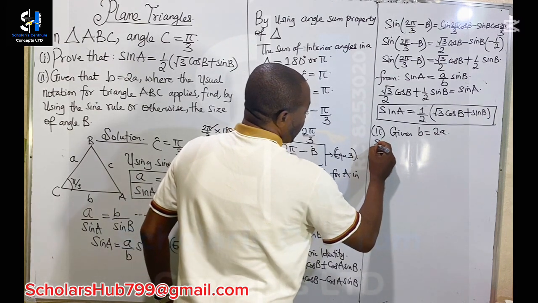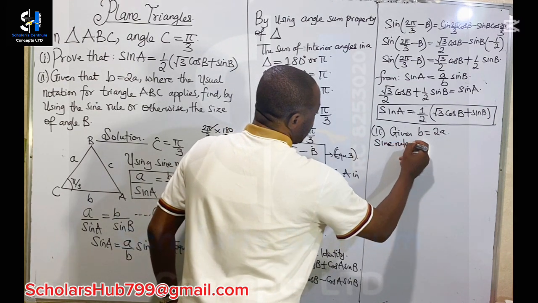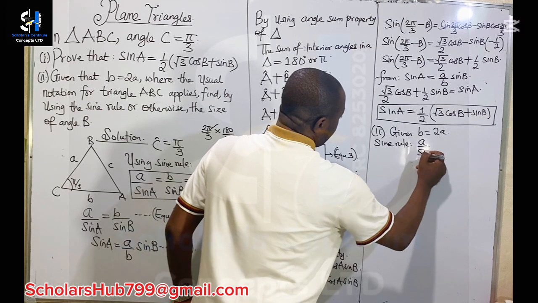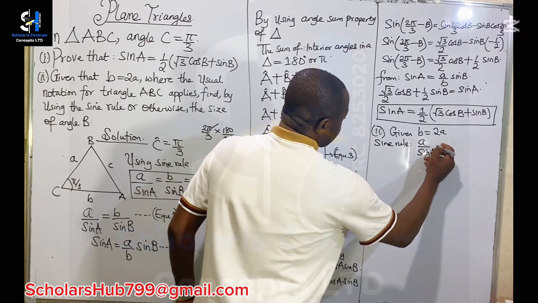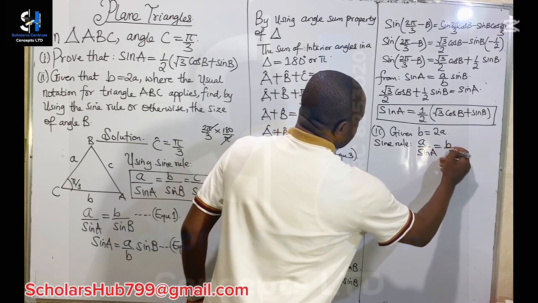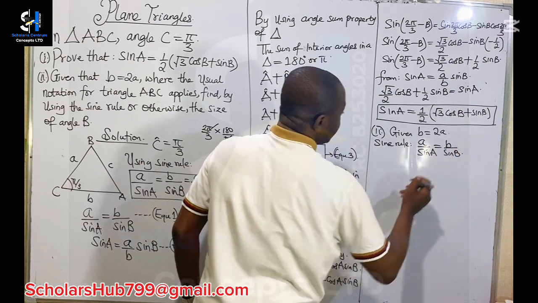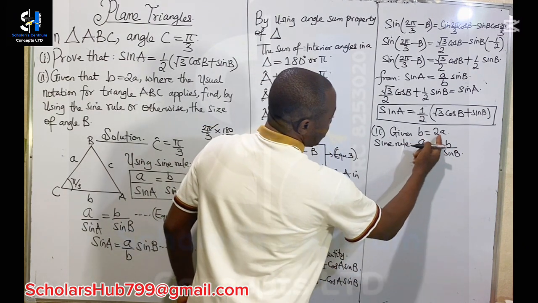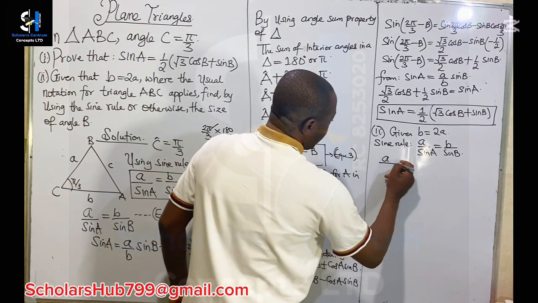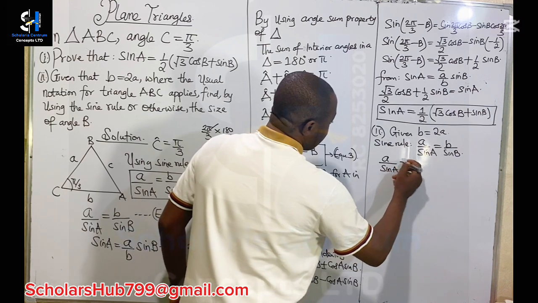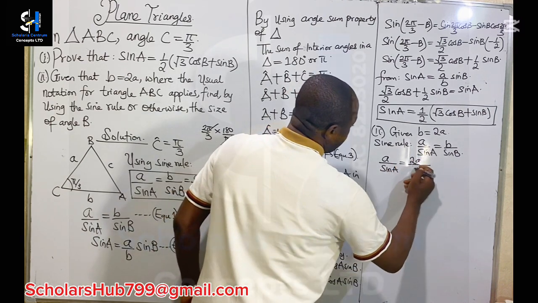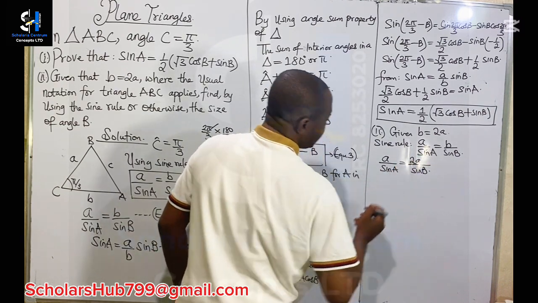So we know that the sine rule states that side a over sine a equals side b over sine b. And we have here that b is equal to 2a. So we have a over sine a equals 2a over sine b.